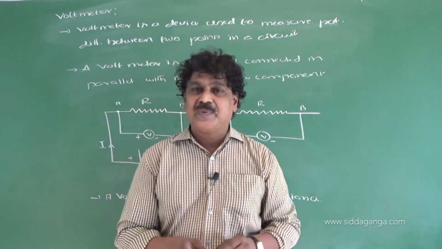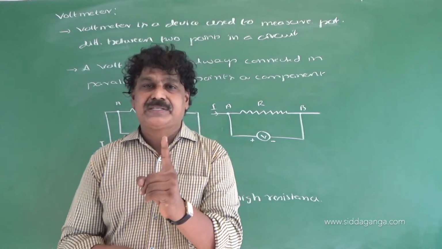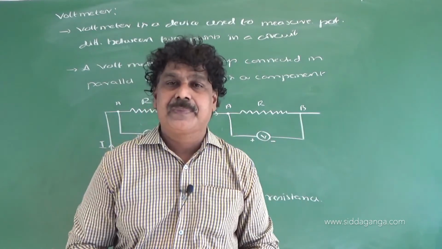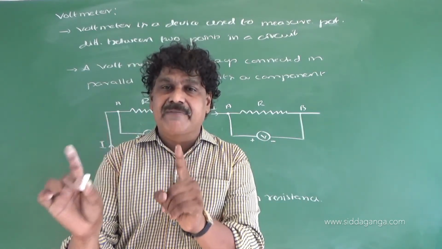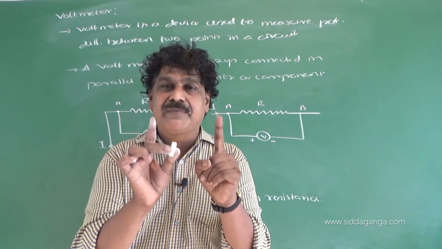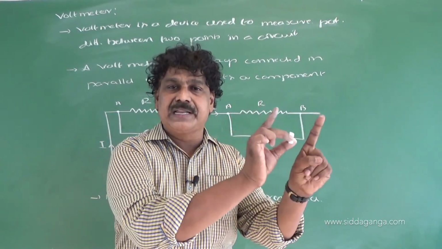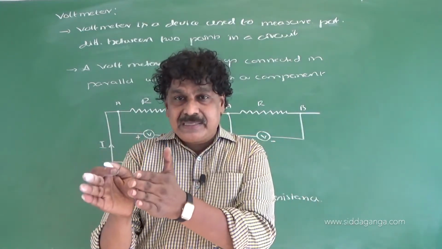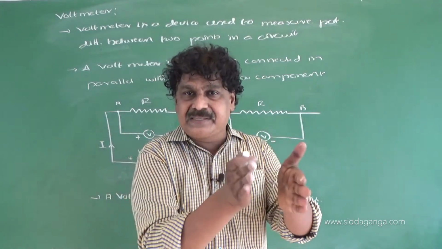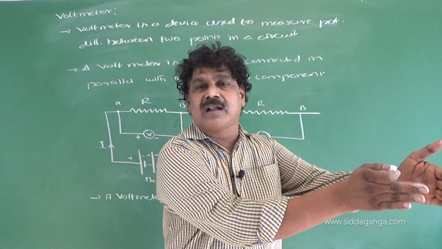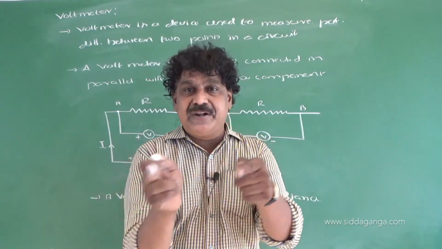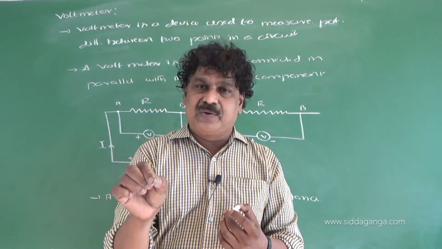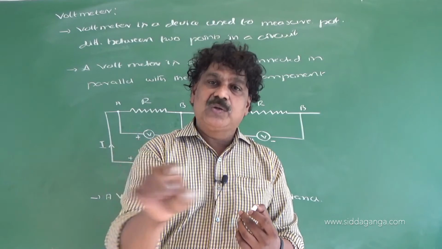Is that clear? Ammeter is a device used to measure current in a circuit. Voltmeter is a device used to measure potential difference between any 2 points in a circuit. How are they connected? An ammeter is always connected in series with the component or circuit, right? That means end-to-end connection. It is because the current flowing through the circuit should flow through the ammeter.